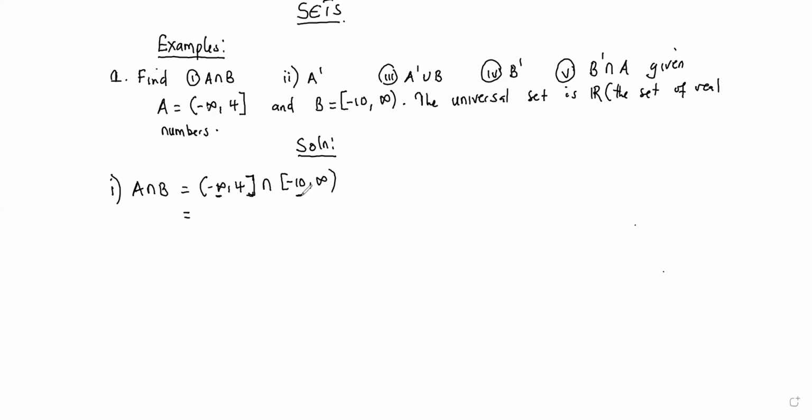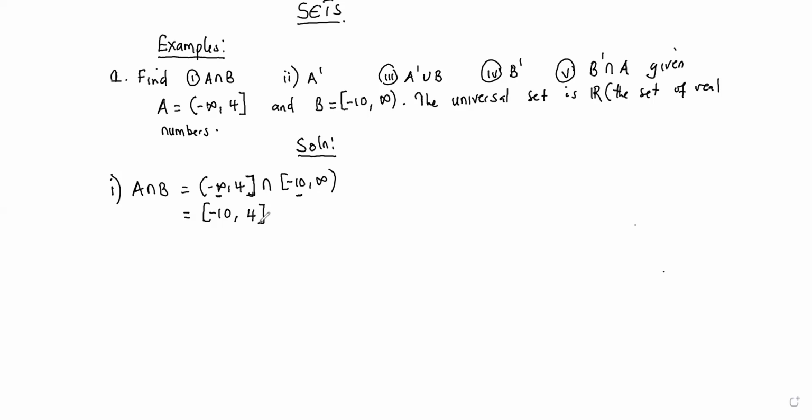So we'll pick negative 10 as our left boundary for the intersection. And on the right, you pick the number that is smaller than the other. So 4 is way smaller than infinite. So we pick 4. When you pick a number, you pick it with its closing bracket. So you check whether the bracket is open or closed and take it as it is.